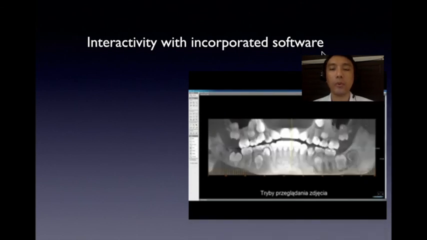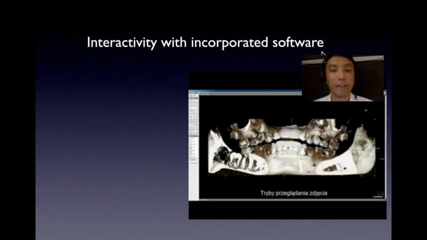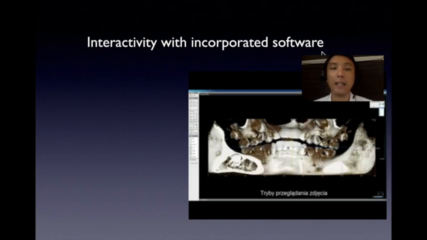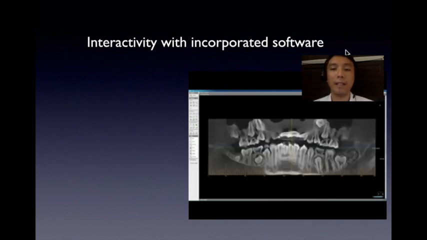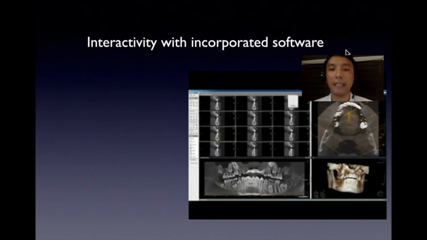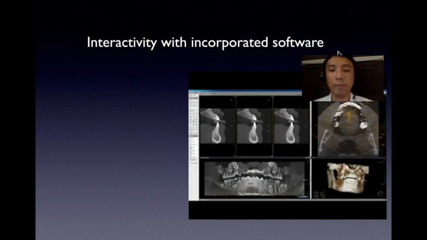Now, for those who have the software to be able to convert your DICOM files, even from medical CT scan, such as in my case, interactivity is apparent. It's something that could be done both on medical CT scan images with DICOMs and with your CBCTs.